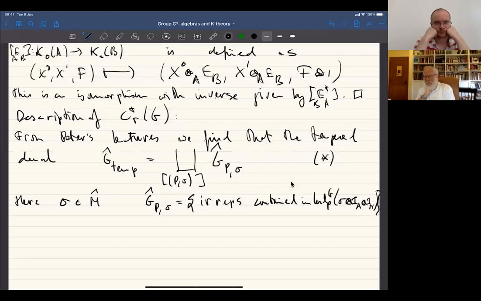We saw that in some sense all representations of A, all induced representations by sigma and something on A, occur here. And that's what G hat P sigma means.